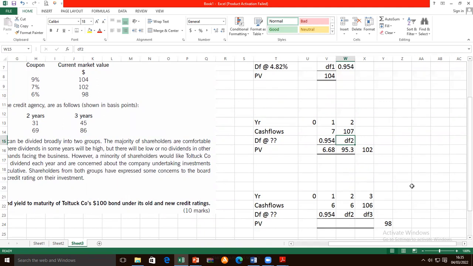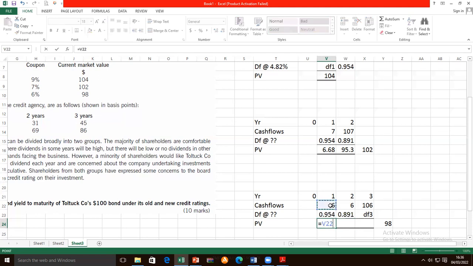I can simply say it's 95.3 divided by 107, which gives 0.9. Is it becoming easier with a spreadsheet? Yes, the spreadsheet is fast actually, and there I have 0.89.